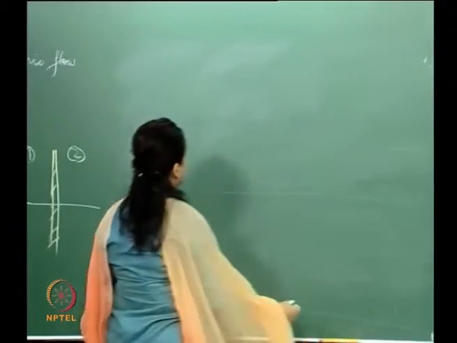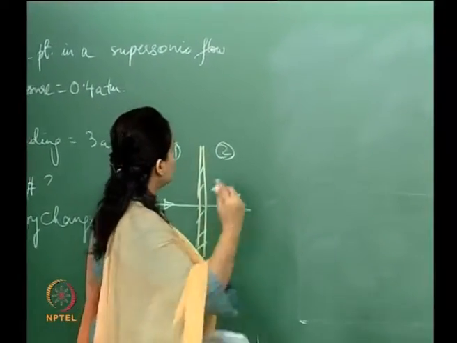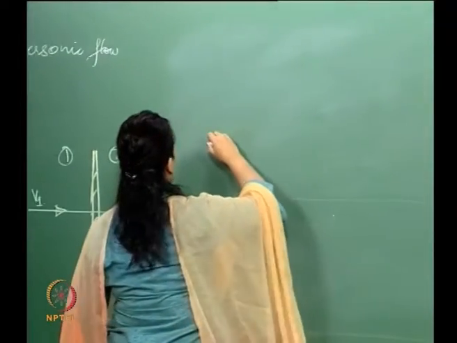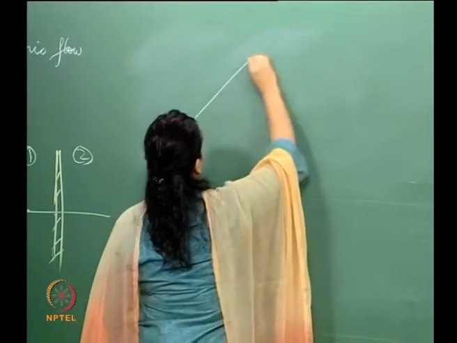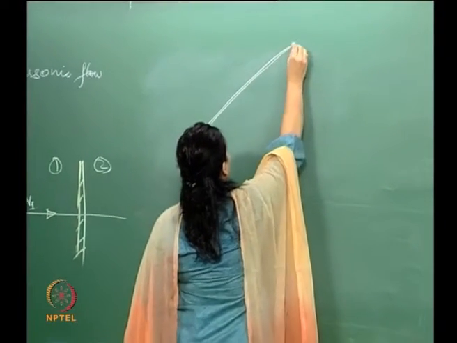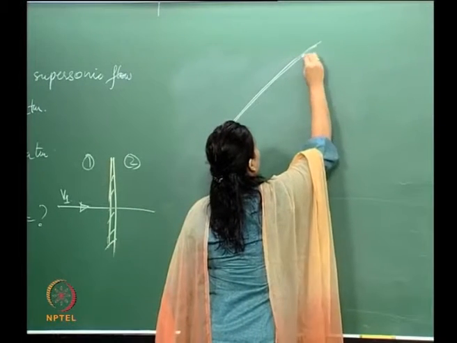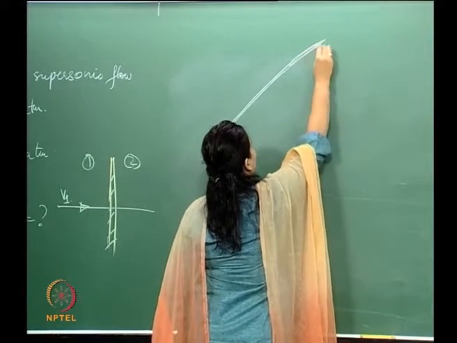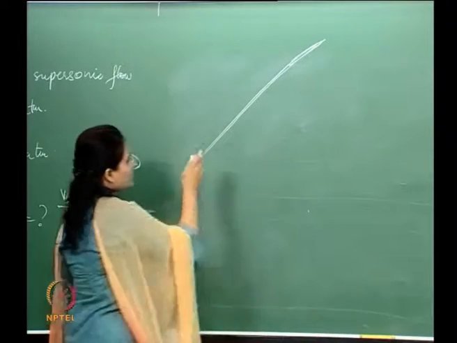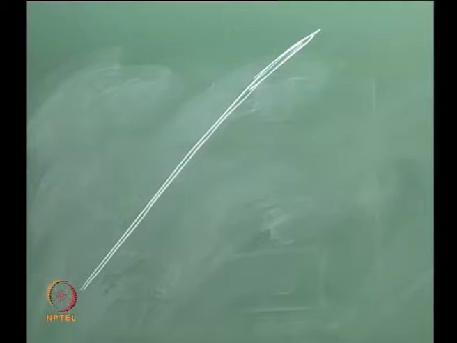Okay, so let us get some geometry in place. Now say this is basically an oblique shock. Again, this is basically a very thin region across which there is a large gradient of the flow properties.